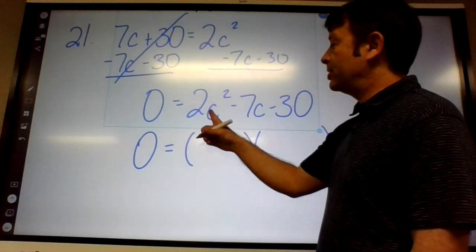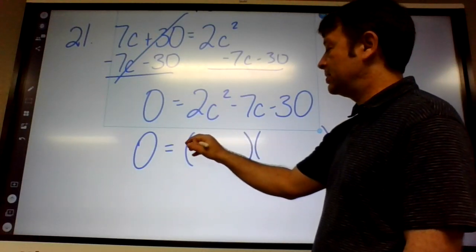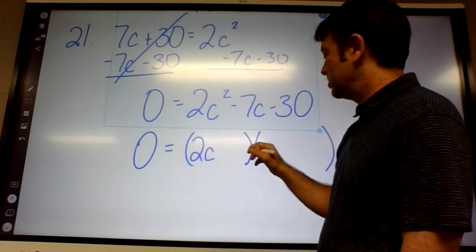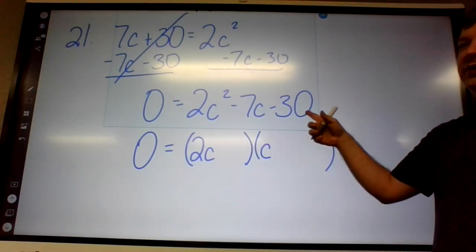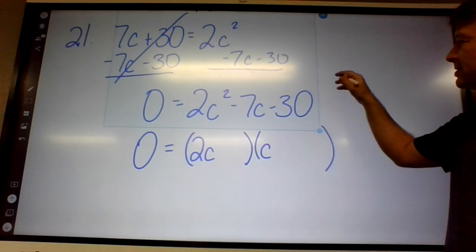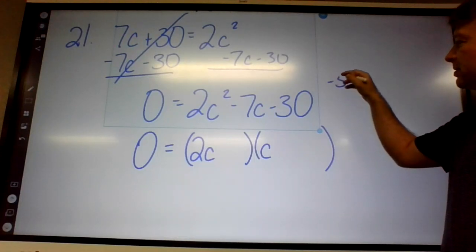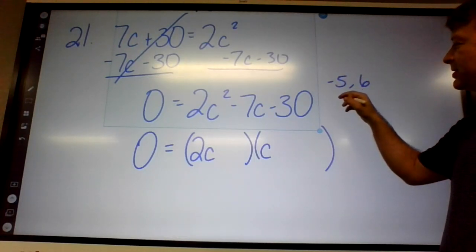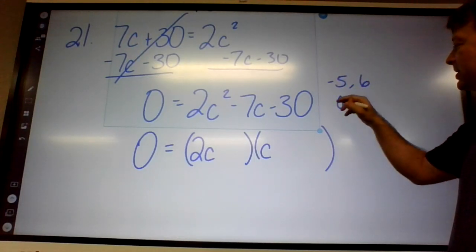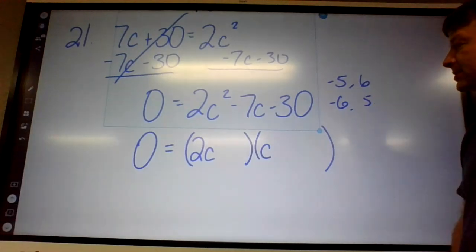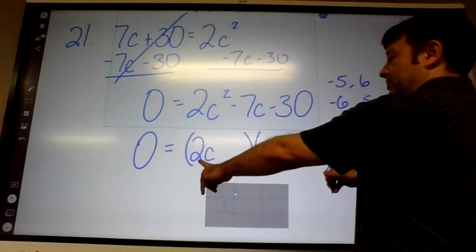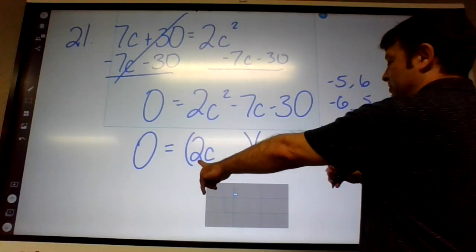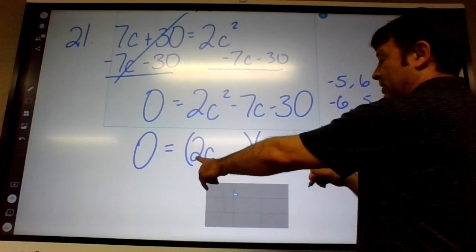So on 21, what goes into 2c squared? 2c times c. What goes into negative 30? Negative 5 and 6, or maybe 6 and negative 6 and 5, or something like this. Let's see. If we do the 6 out here, negative 6 out here, this would be negative 12.